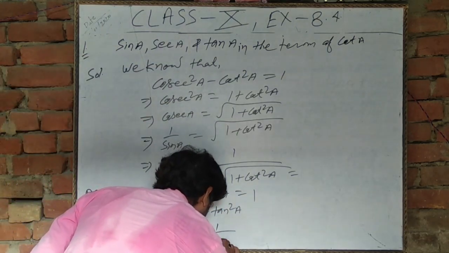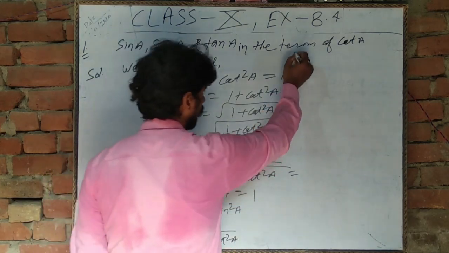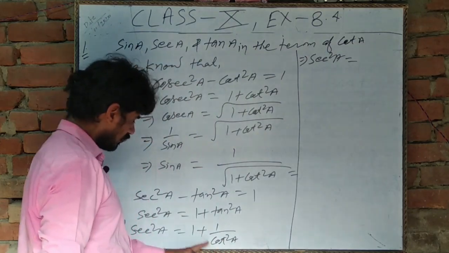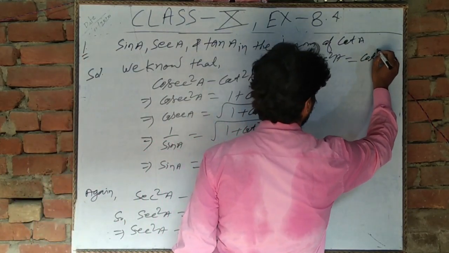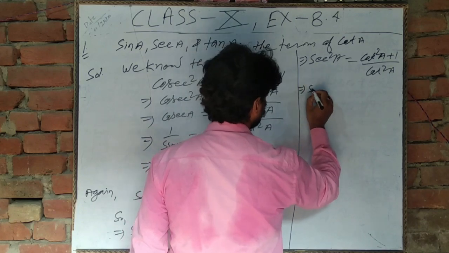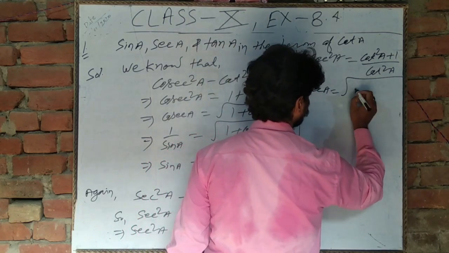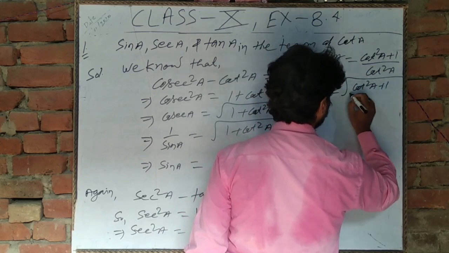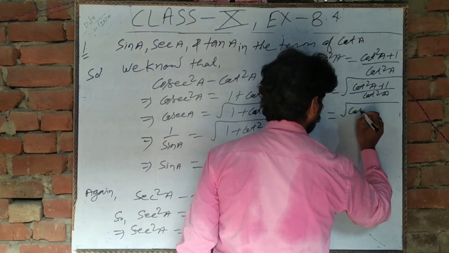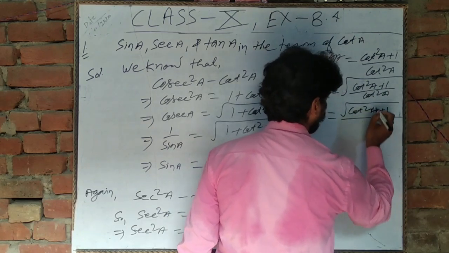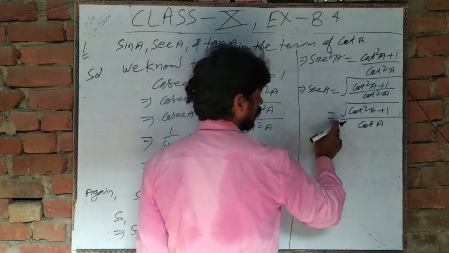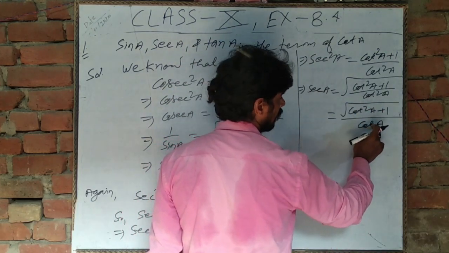So we will write here 1 by cot square A. Again, we will write sec square A equals cot square A plus 1 by cot square A. So sec A is equal to under root cot square A plus 1 by cot square A. Now we write under root cot square A plus 1 and the square root of cot square A is cot A. So the answer will be under root cot square A plus 1 by cot A.